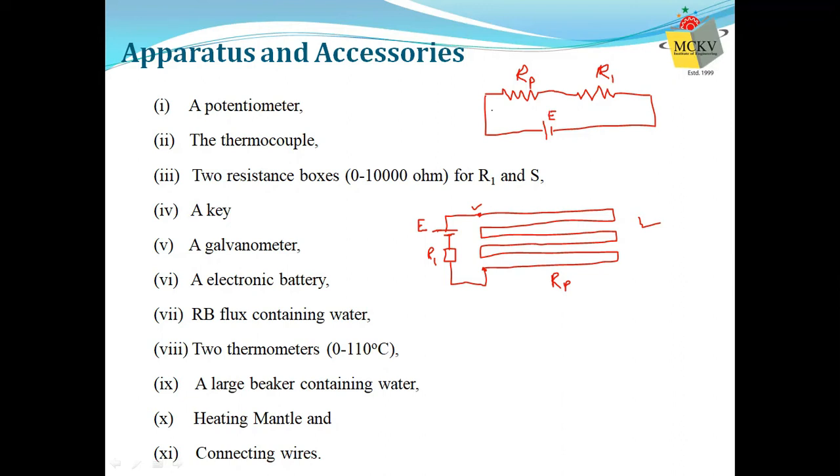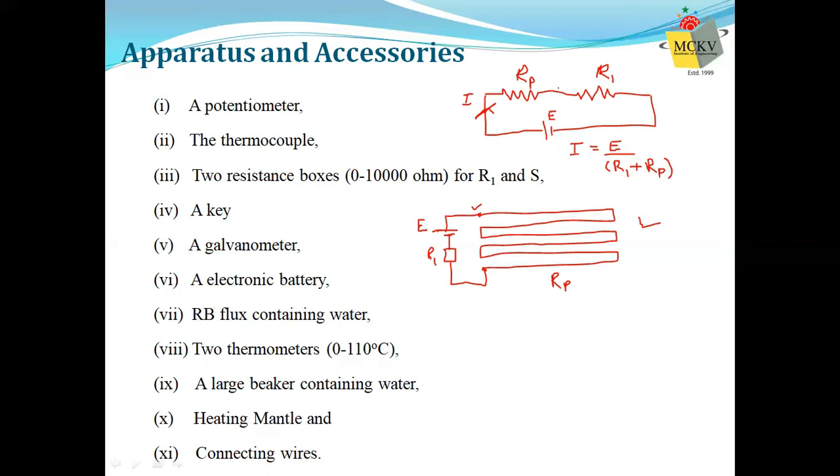So what is the current flowing through the circuit? The current I flowing through the circuit is E by R1 plus Rp, because the total resistance is R1 plus Rp.